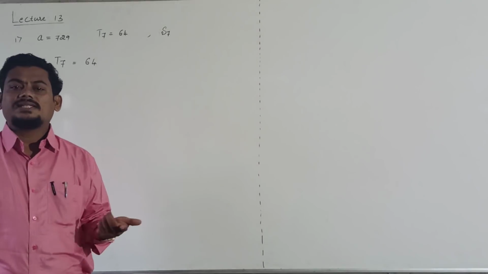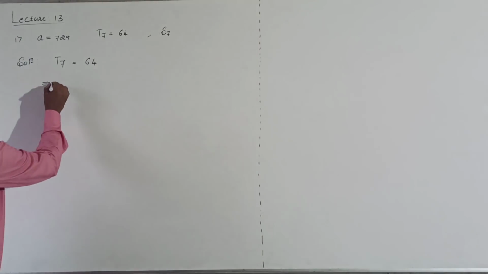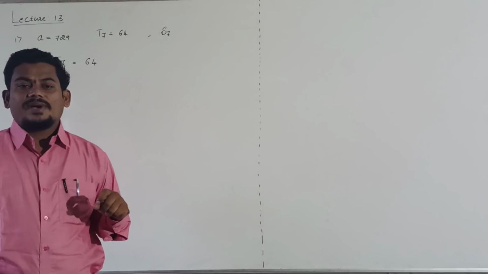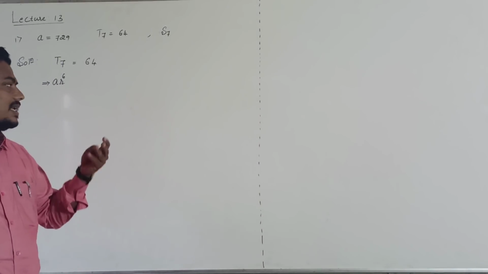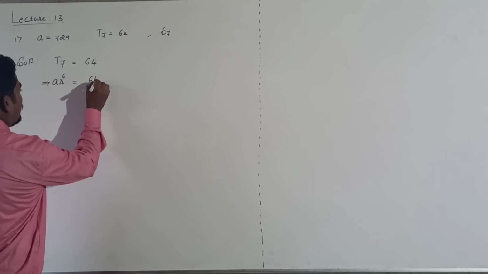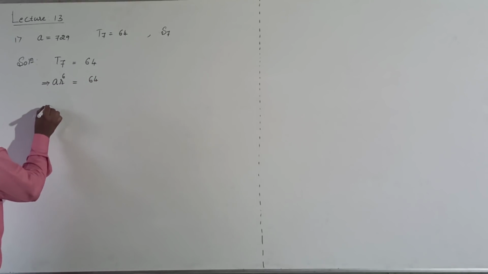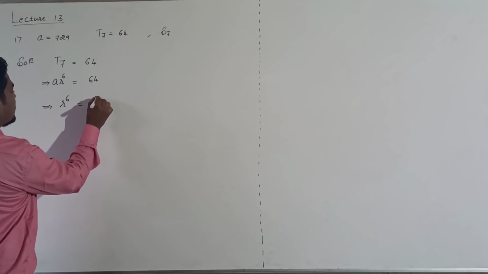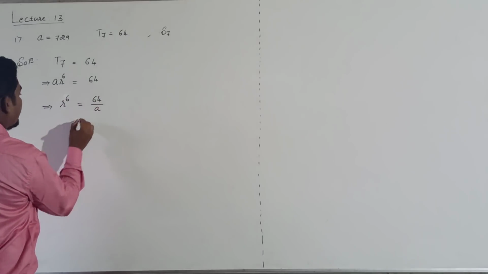T7 is the seventh term of the GP, that is a into r power 6. A into r power n minus 1, in this case n value is 7, so 7 minus 1 is 6, that's equal to 64, implies r power 6 equal to 64 divided by a.